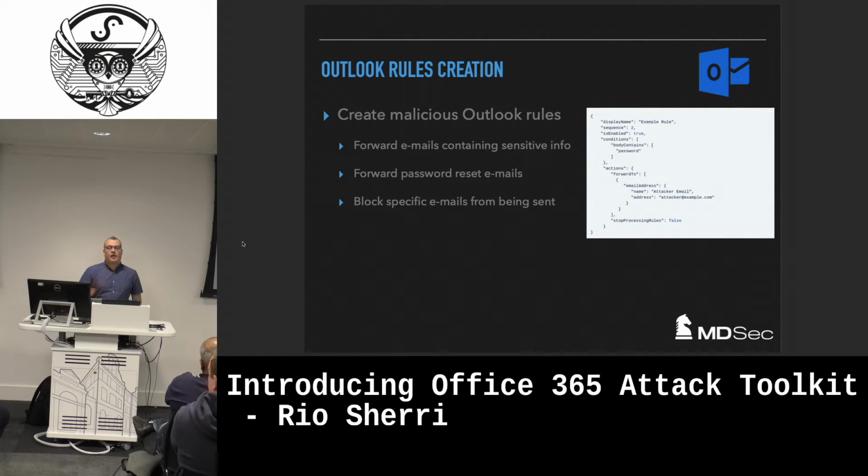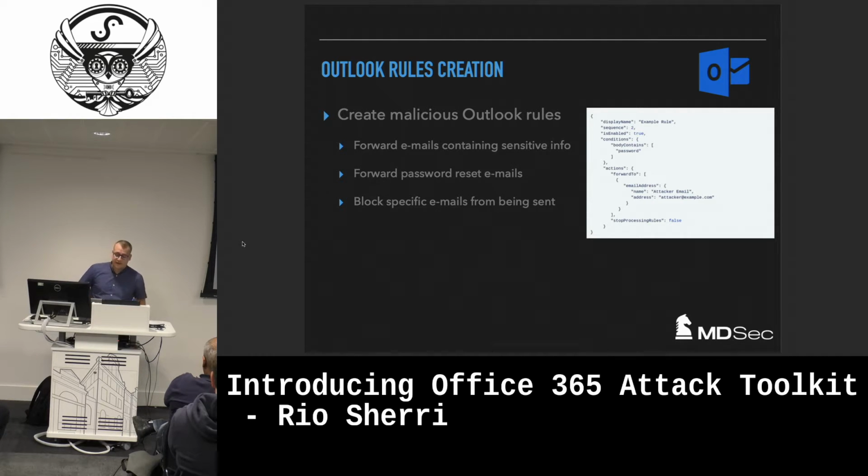If the email has an attachment and keywords like top secret, confidential or passwords, then when the email comes from whoever, it will be sent to the attacker-controlled email address. So even if you have lost access, the rules will probably still be there because no one looks for Outlook rules, and you still get the data.